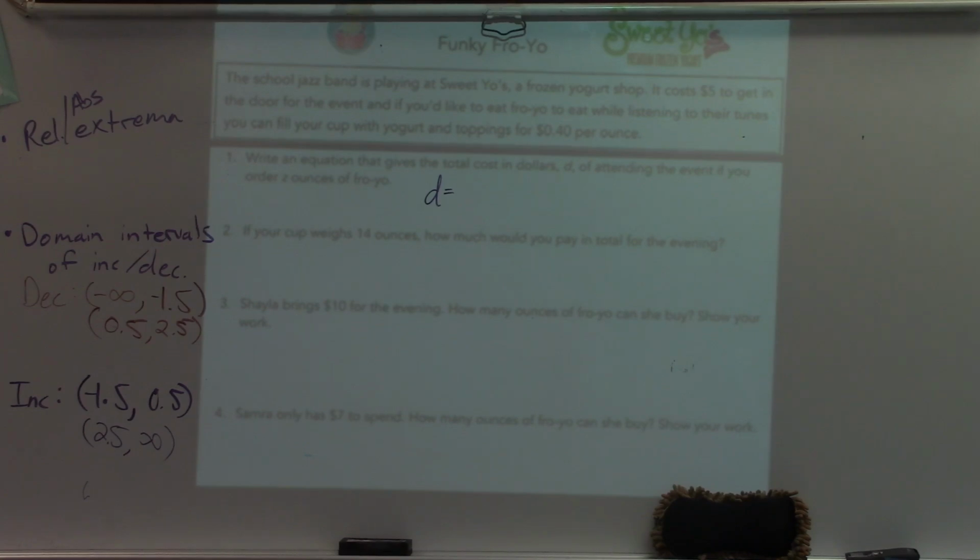So what are we thinking? Okay, so why is it 5x? Where do the ounces come from? Each ounce, okay. It's going to be plus 5. So 5 times 0.4. $5 when you first get in. Okay.